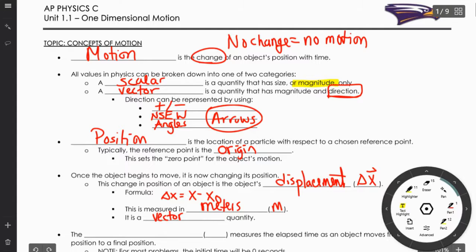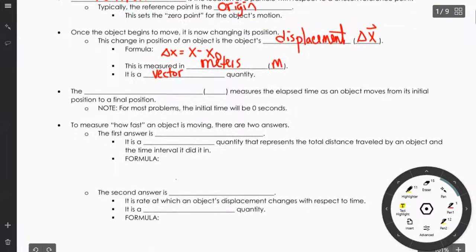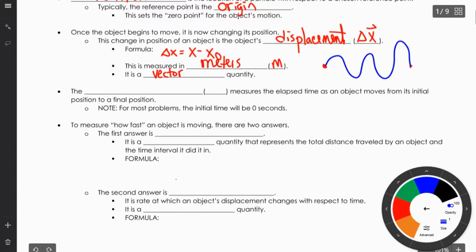It's essentially just a straight line distance from point A to point B. If I've got an object, the scalar counterpart would be distance. So that's one path I can take to get there. That would be a greater distance, but my displacement is just going to be this straight line path.